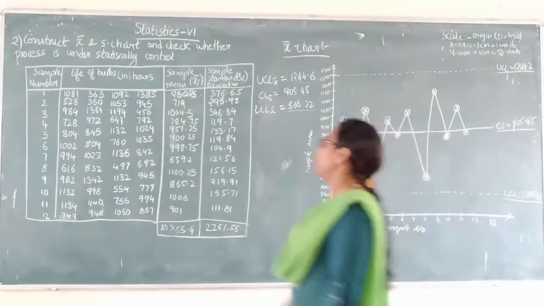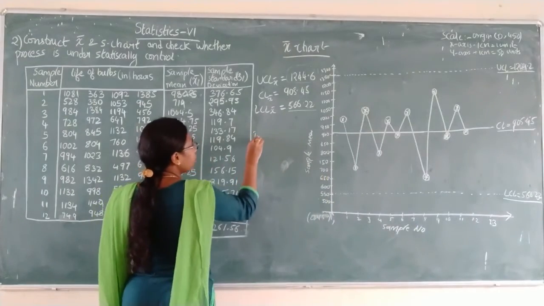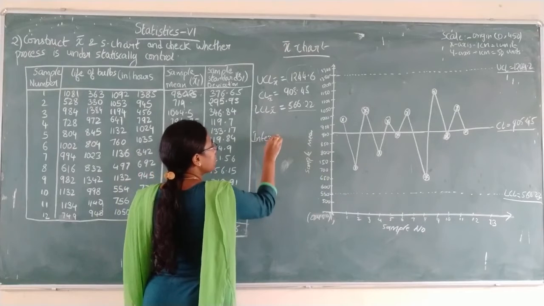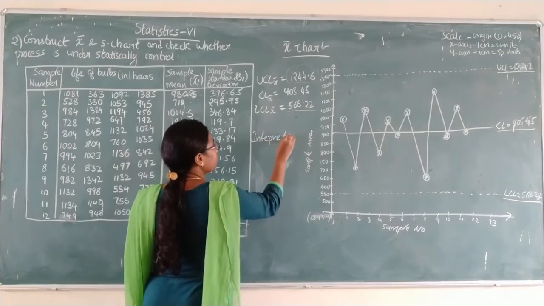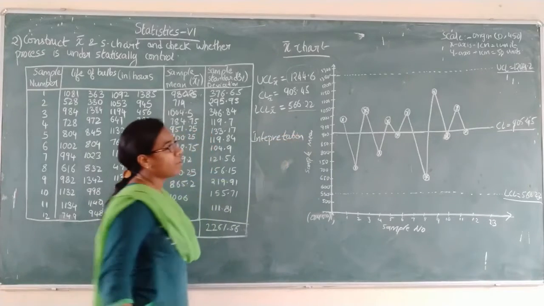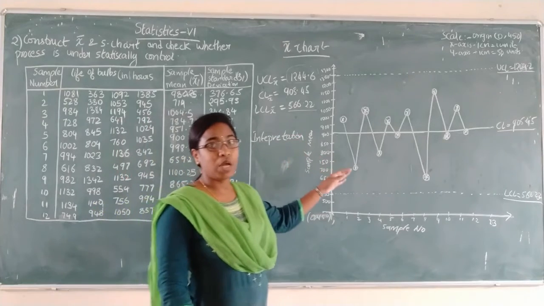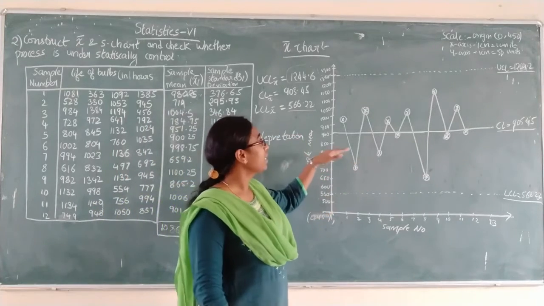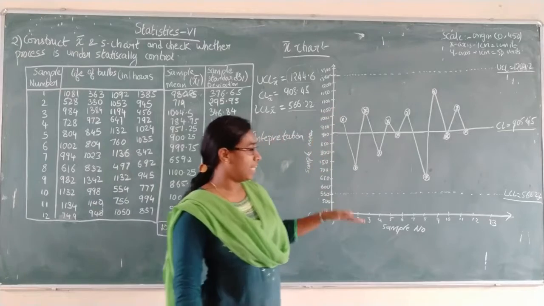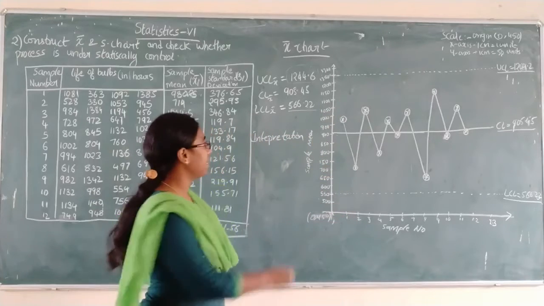Now what is the interpretation we are going to do? What can we conclude from this? If you observe, all the sample mean values we have plotted are below UCL and above LCL.